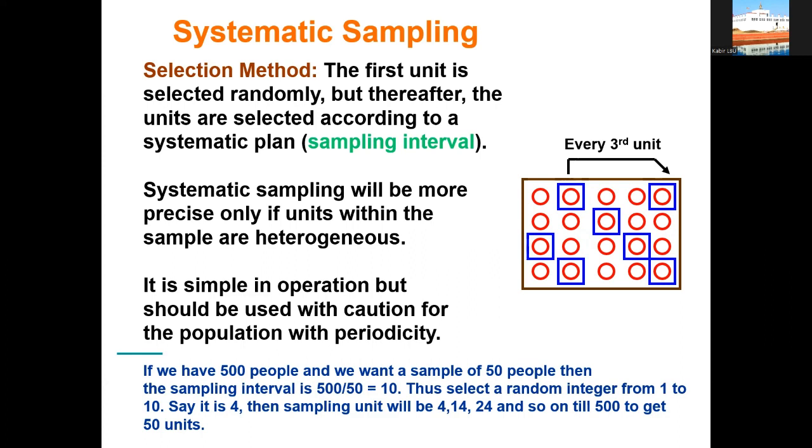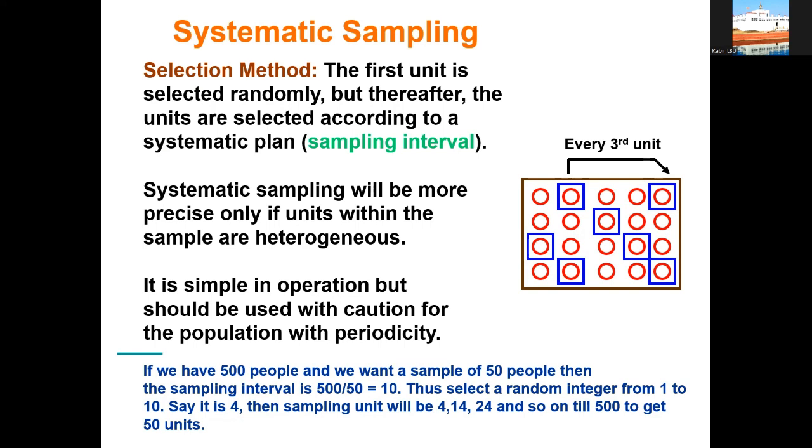So suppose in a village, if a person starts to do a survey, he selects any random family, and after that he has to make a systematic plan of how to select the families and other things also. Systematic sampling will be more precise only if units within the sample are heterogeneous.